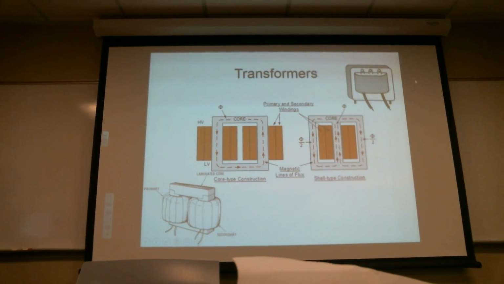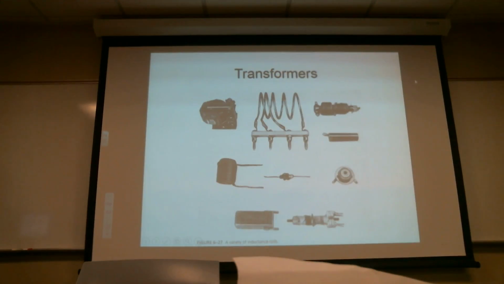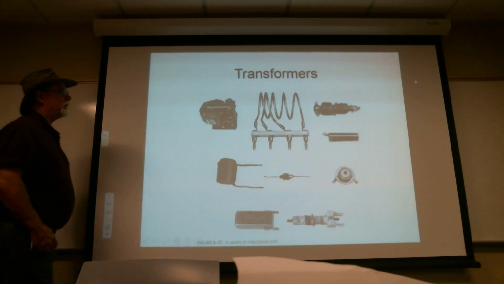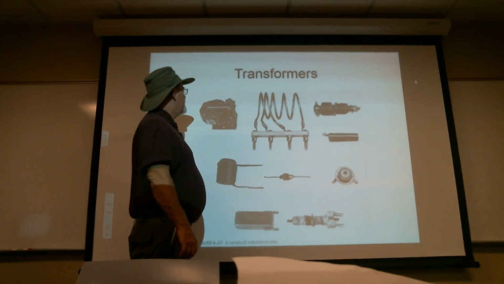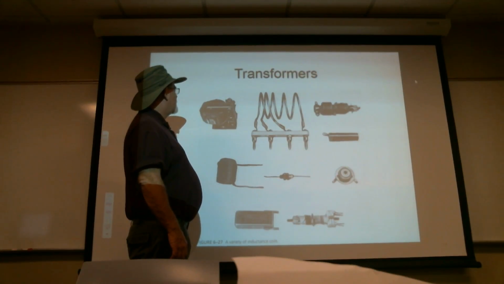And in truth, it's very common to find transformers installed with only a few of the leads being used. So there's a variety of different transformers. Some of them look like air gaps. These ones have very little inductive relationship happening there.